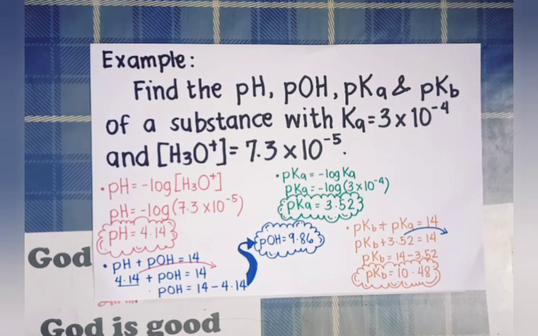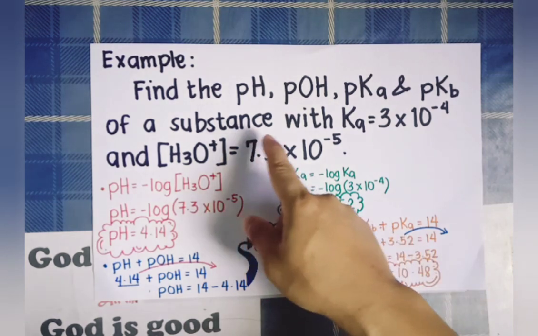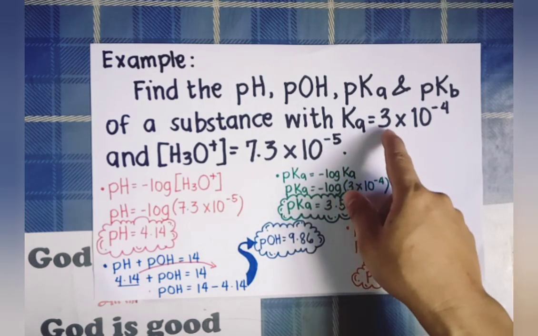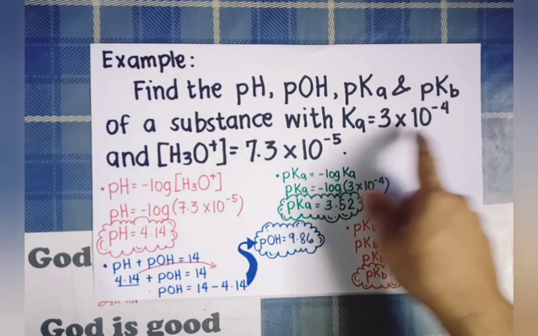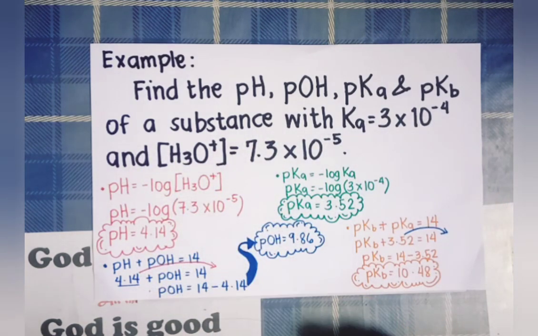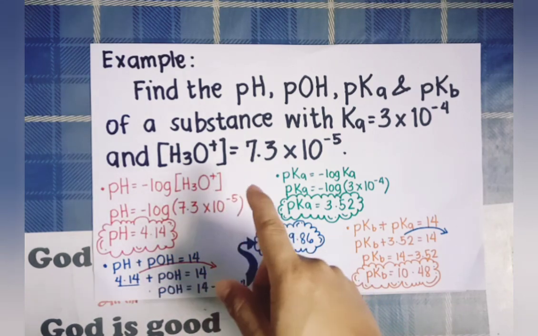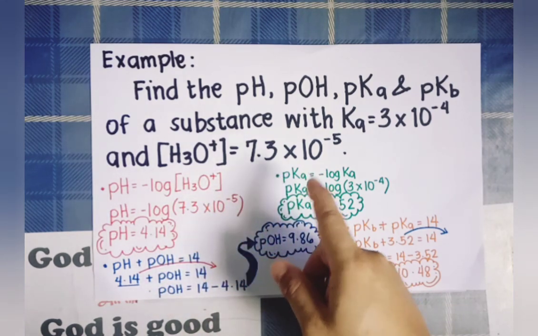Now, let's have an example problem where p scales are involved. Find the pH, pOH, pKa, and pKb of a substance with Ka equal to 3 times 10 raised to negative 4 and hydronium ion concentration equal to 7.3 times 10 raised to negative 5.